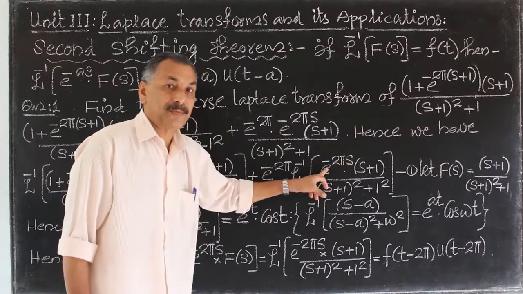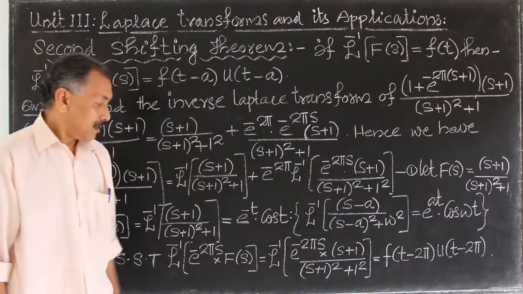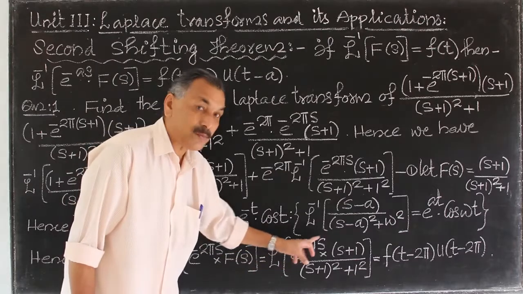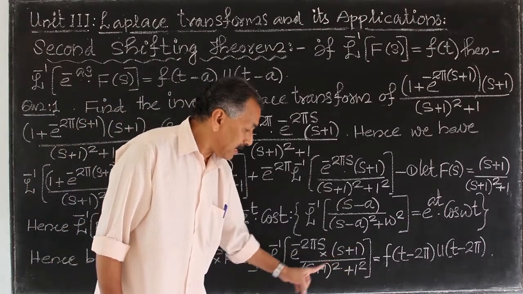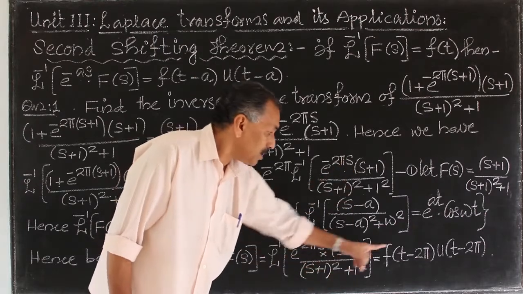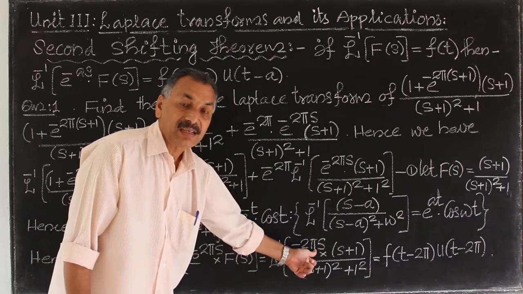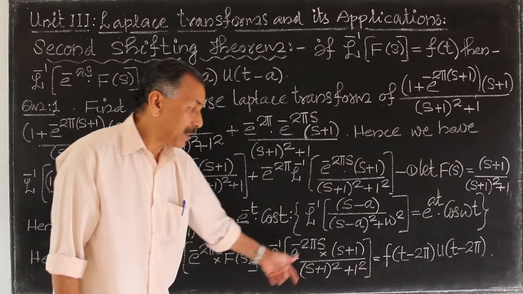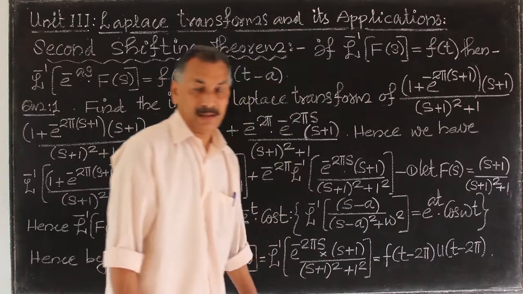That is, the second term, Laplace inverse of e raised to minus 2 pi s into f of s, where f of s is (s plus 1) divided by (s plus 1) square plus 1, is equal to f of t minus a, with a equal to 2 pi, that is f of t minus 2 pi into u of t minus 2 pi.